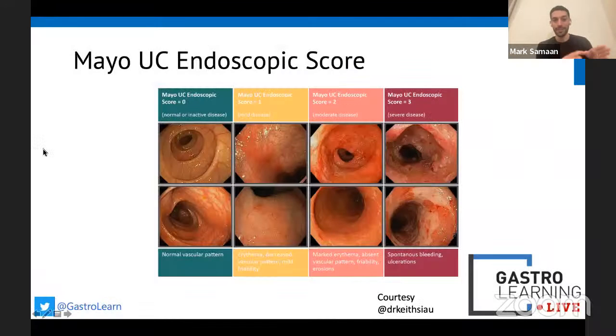I think the Mayo, to my mind, is good enough. I think it imparts the absolutely essential information. It was developed, my understanding, as a back of an envelope type of score derivation a long while ago, and it takes you through from no disease, mild, moderate, and severe, really based on the presence or absence of ulceration, friability, bleeding.